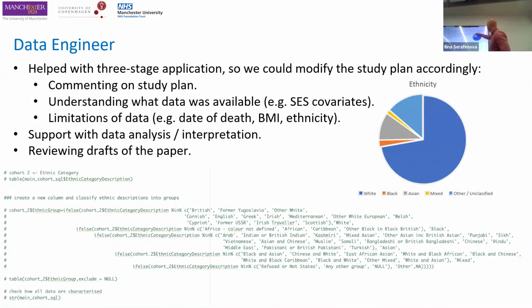So I had to mark a lot of people as unclassified, and I've marked people who are British, for example, as white. So it was quite hard to really categorize this data. I got help from the data engineer with this, but also all the other problems that I faced.